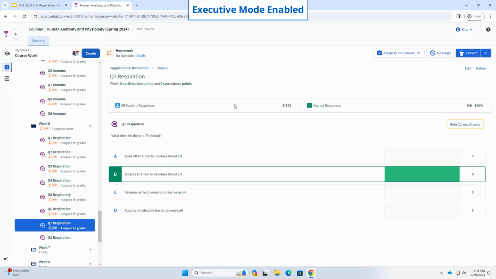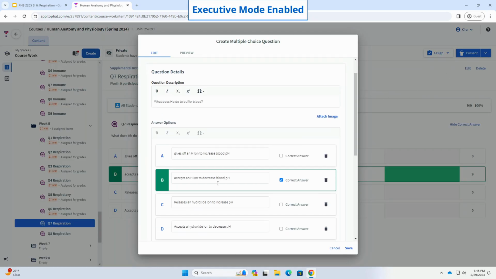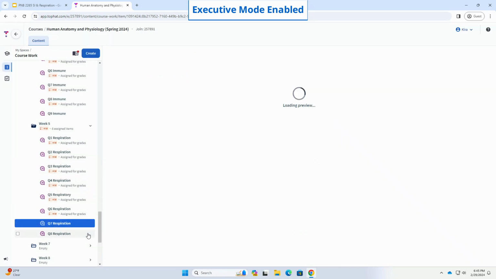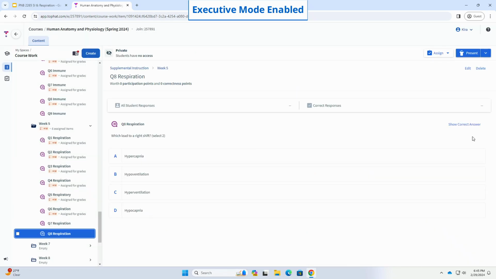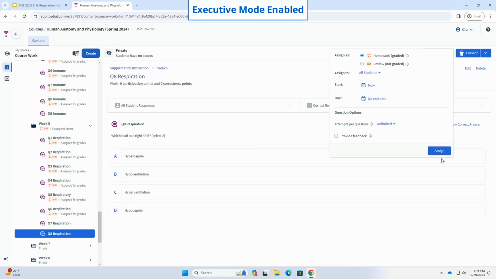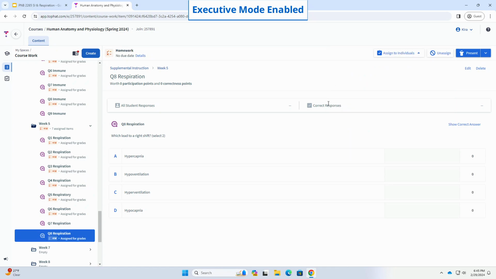So hemoglobin does accept a hydrogen ion, but it does it to increase blood pH to move the reaction towards the right. So we're going to edit this. By accepting a hydrogen ion, it makes the blood more basic, which leads to a right shift.